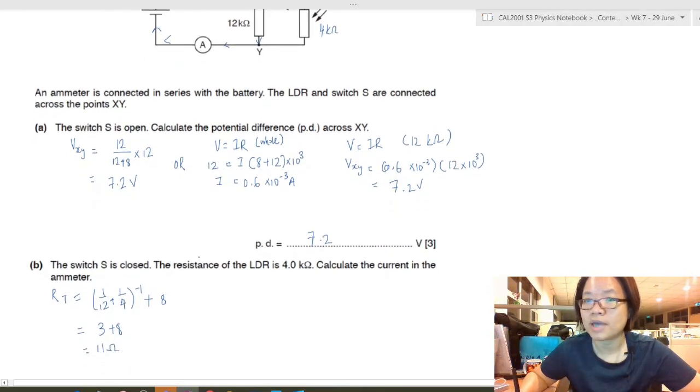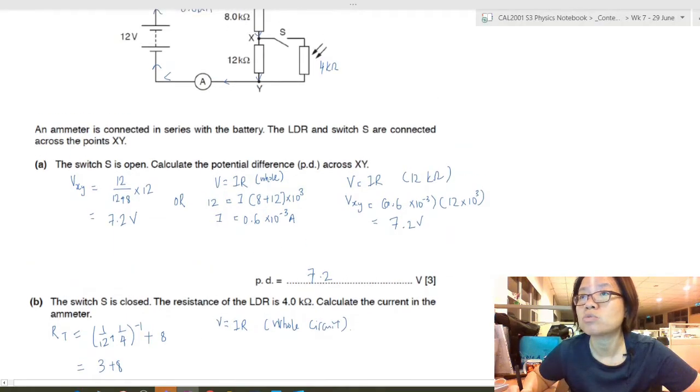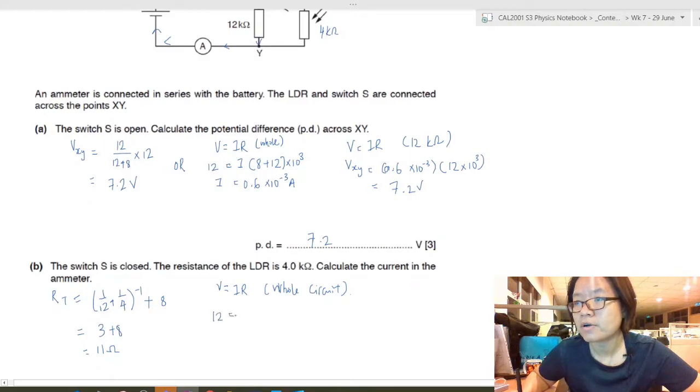Alright, so once we have that, then we can now look for the, what are we looking for again? Current. Okay, V equal to IR, and again for everybody, the whole circuit. For everybody. Alright, so the potential difference of the circuit was 12. Okay, current, this is 11 K, so times 10 to the power of 3 ohm.